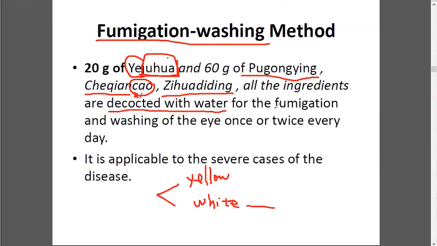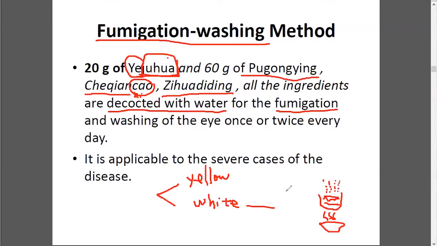And when we talk about fumigation, it means we have a container and put some herbs in it and boil it. Then some steam comes up, and you put your eyes close to it. I think right now it's not that complicated.